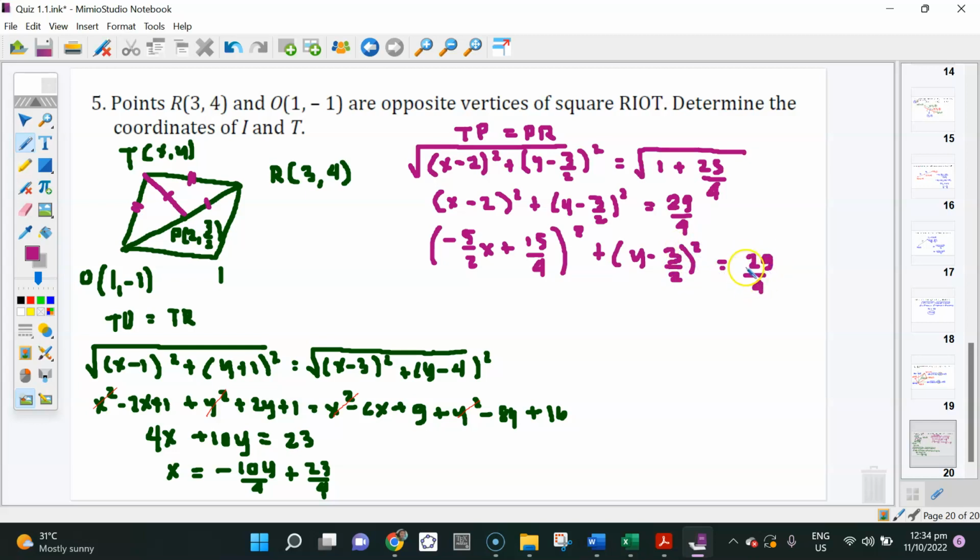There you go. Okay, so I can factor out negative 5 halves. So that will be (y minus 3 halves), oh, it's y, sorry about that.